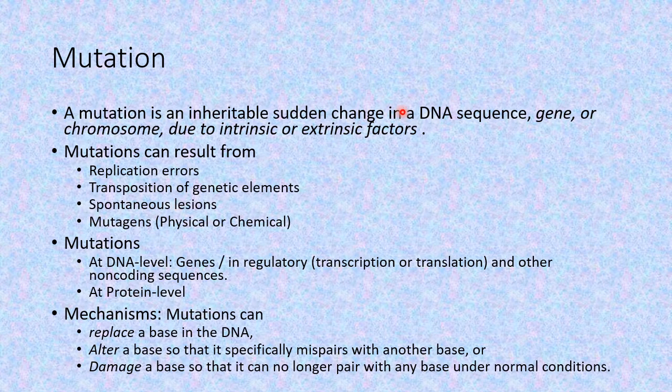And at times, there are certain external factors, the extrinsic factors, which may be physical factors or they may be chemical in nature, they may be different chemicals. These extrinsic physical and chemical agents that result in these inheritable sudden changes in the DNA sequence are known as the mutagens.